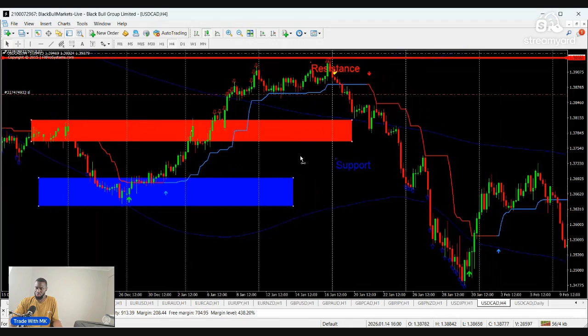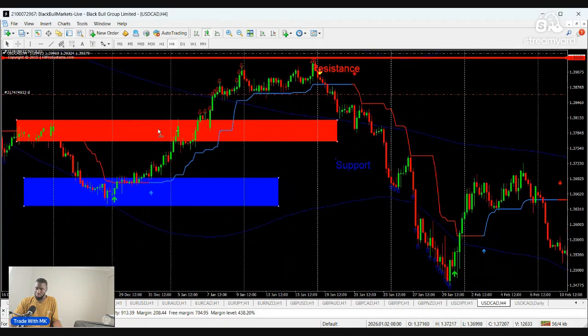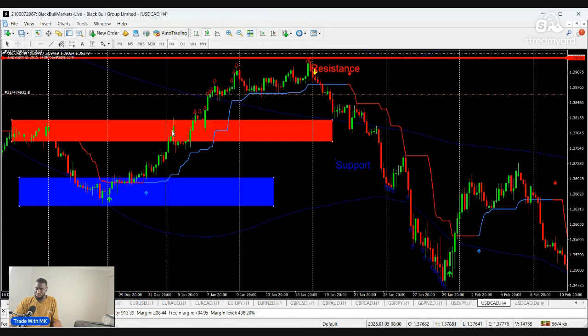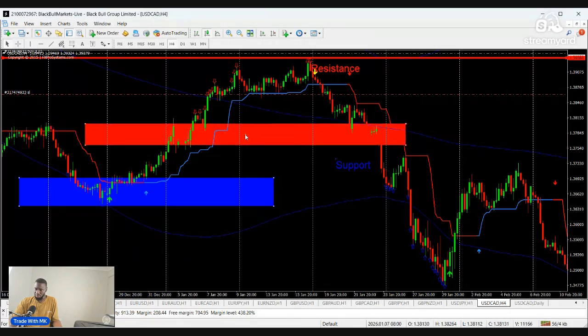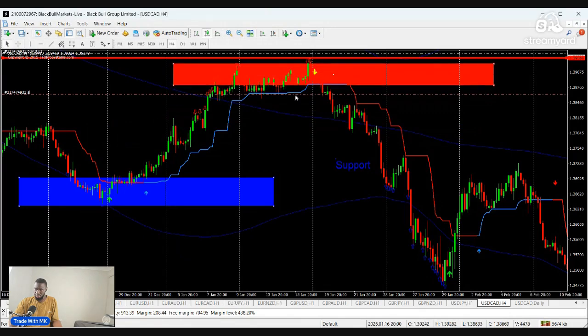So that would be a resistance breakout, and then I go back there.